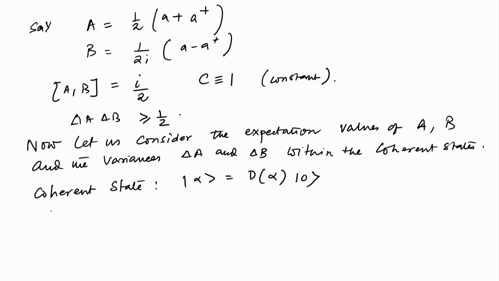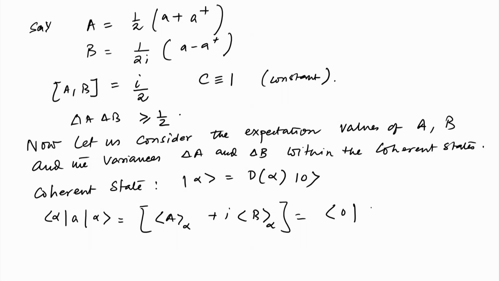So the expectation value of A in alpha is equal to alpha plus i B alpha. So this is equal to 0 D dagger alpha A D alpha.